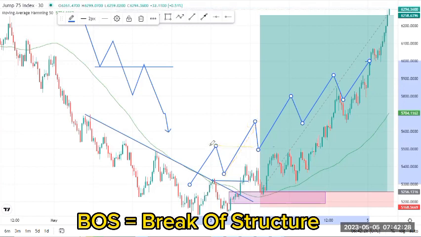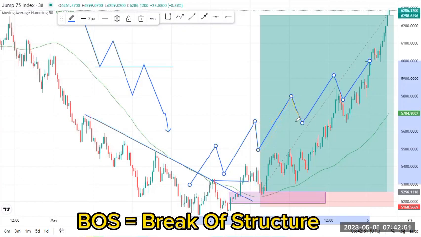So at this point where it took out this high, we call it break of what? Structure. So this is the break of structure here, and then it went up, and then we got this retracement to the point where we had the break of structure, and then price went up again, took out this higher high, we call it break of structure.